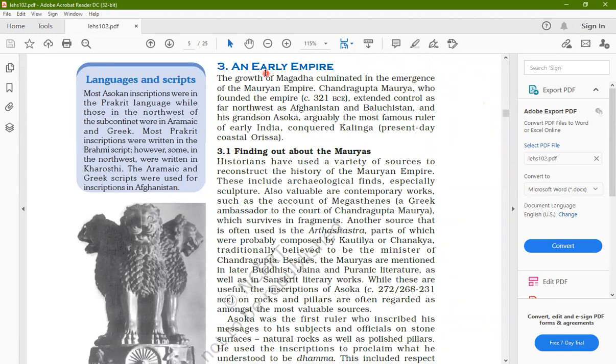In this we have a lot of MCQs. We can be asked who founded the empire, in which year this empire was founded.